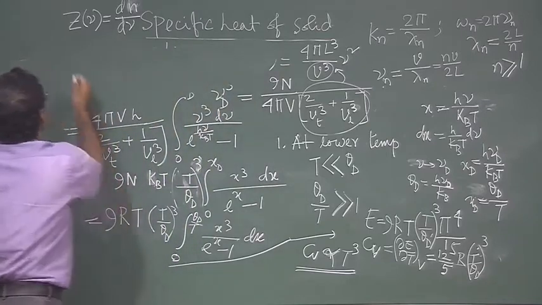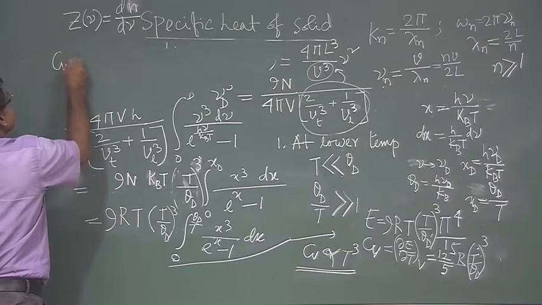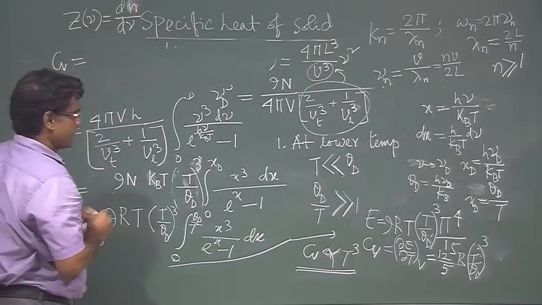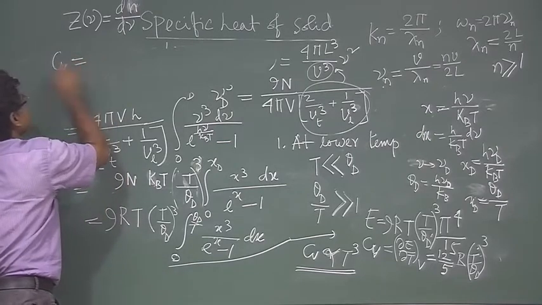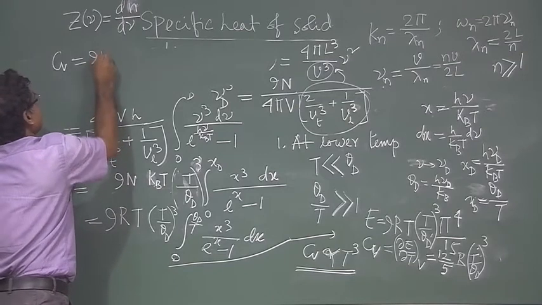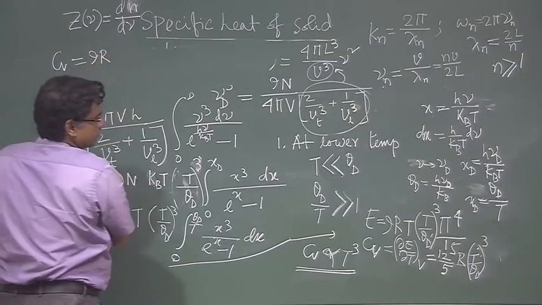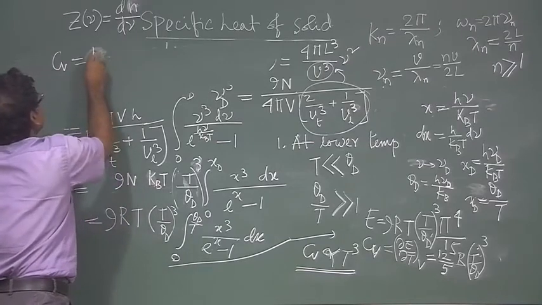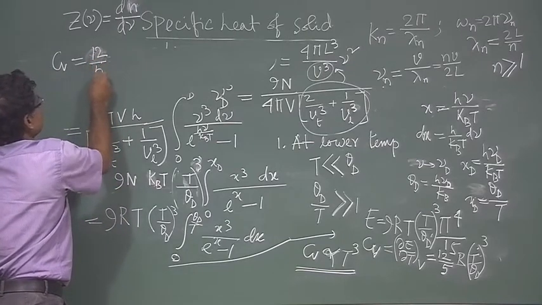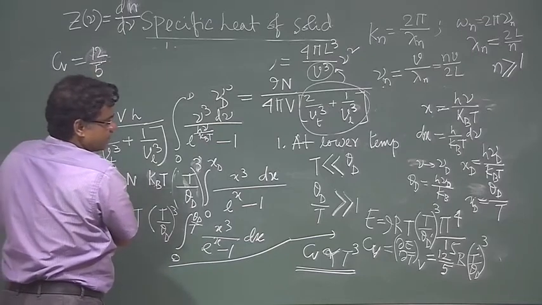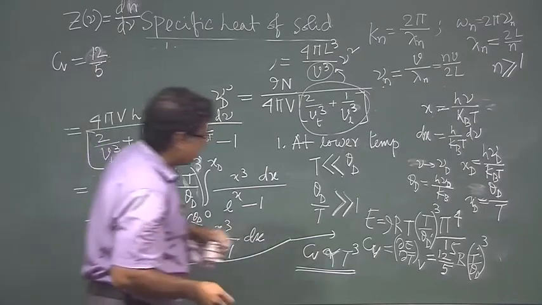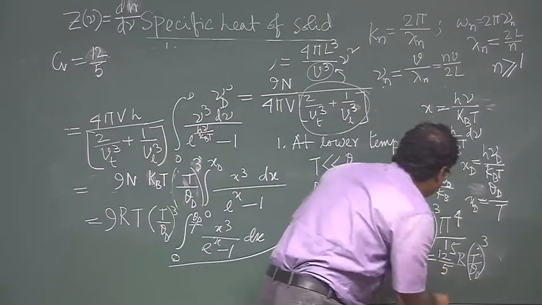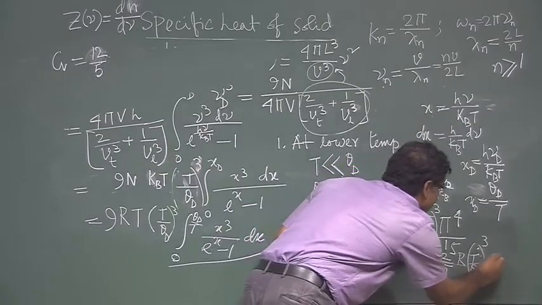So, at low temperature CV we got 12 π to the power 4 R by 5 — what is the π to the power 4 that will be there?